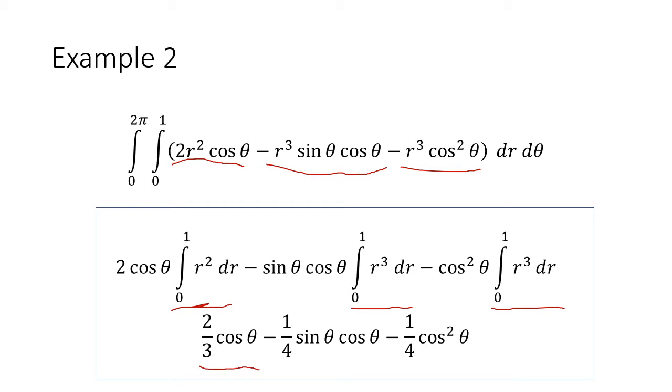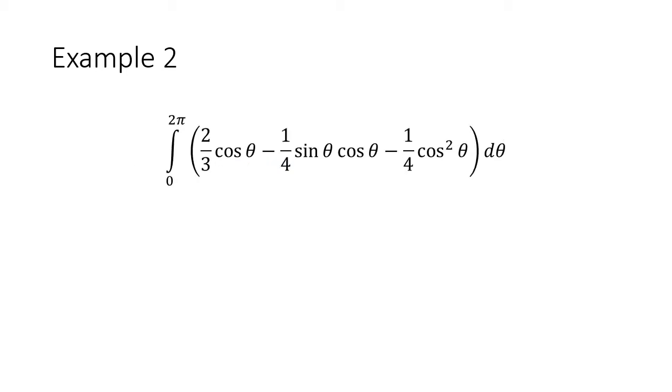The antiderivative of r cubed is 1/4 r to the 4th, so that just leaves me with that fraction 1/4. So minus 1/4 sine theta cosine theta, and then minus 1/4 cosine squared theta. All right, so that becomes the integrand for my last integral now with respect to theta.